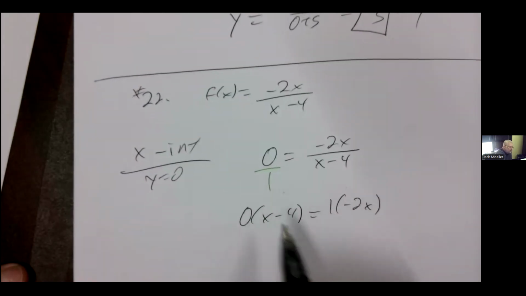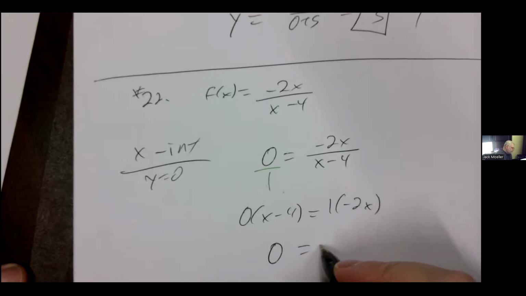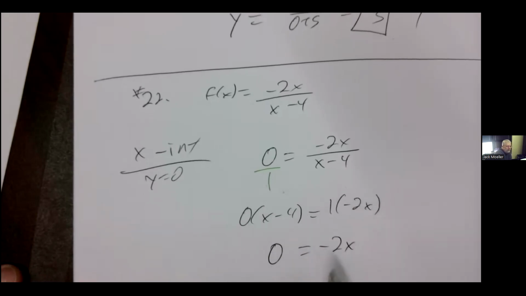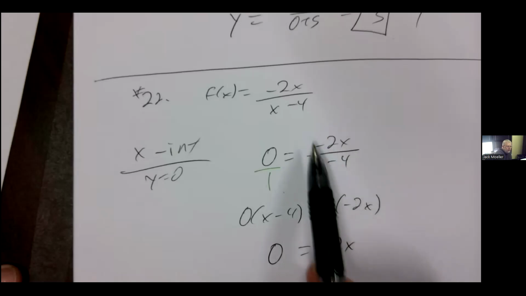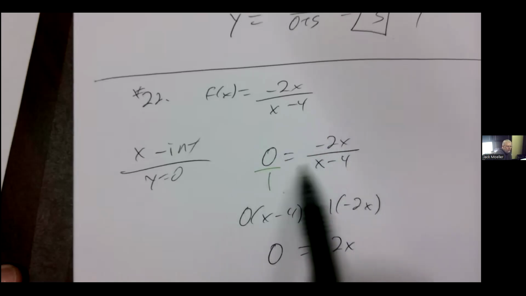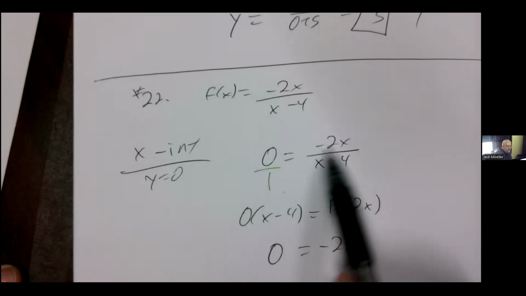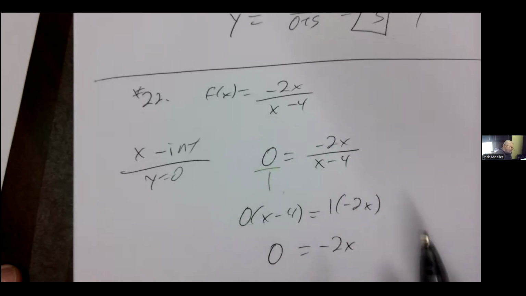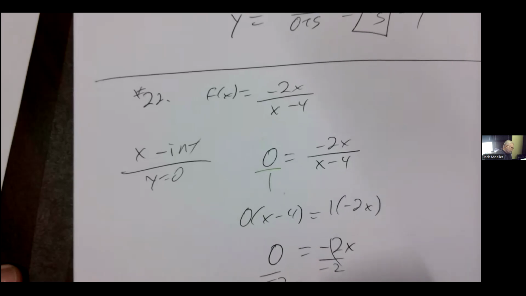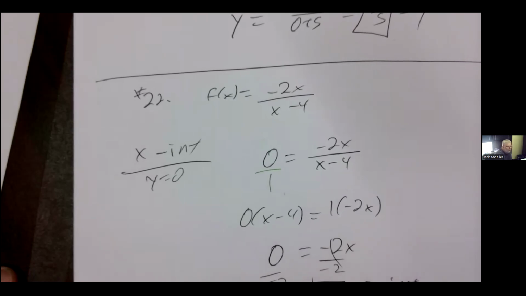And so 0 times x minus 4 is just 0. 1 times negative 2x is negative 2x. So now do you see why I say you basically just set the denominator equal to 0? Sorry, the numerator. So for x-intercepts, set the numerator equal to 0. X equals 0. That is the x-intercept.